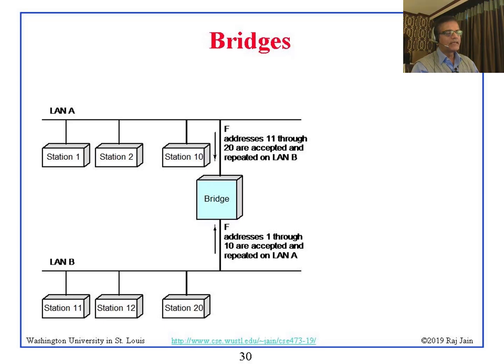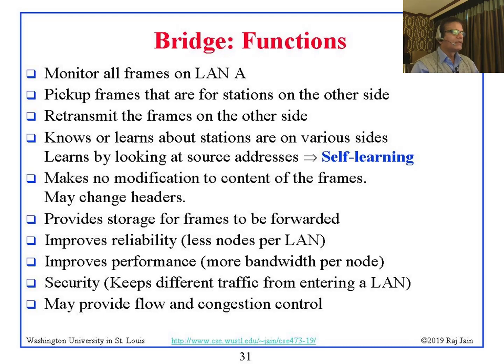All right, and it is clear as to how the bridges learn the addresses. All right, so bridges monitor all frames on LAN A. Actually, they monitor all frames on LAN B as well.